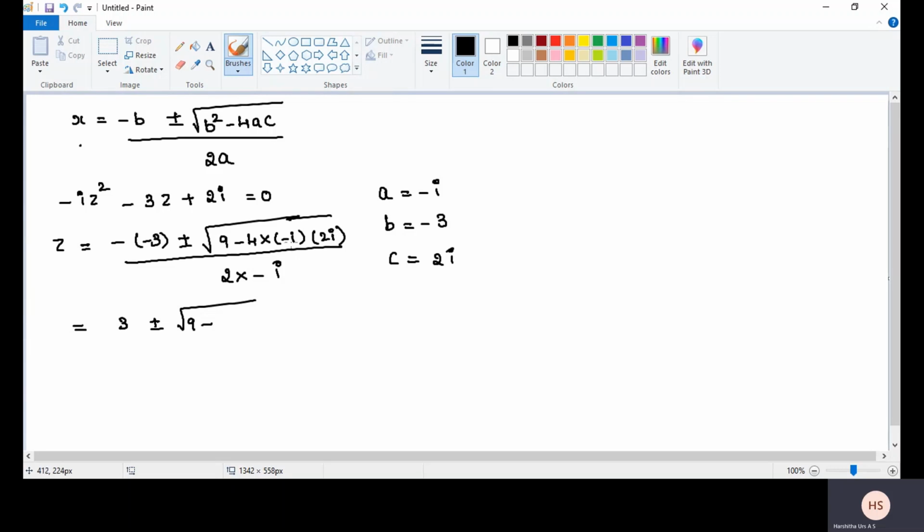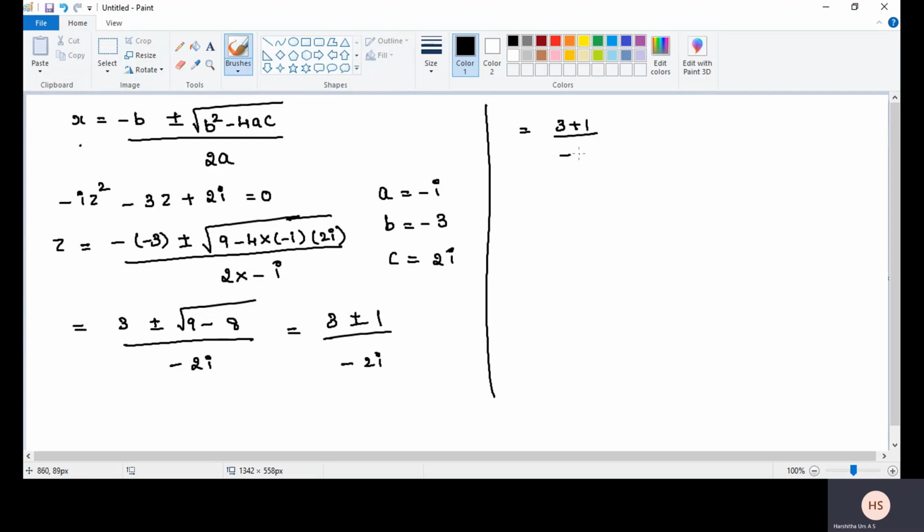Minus into minus plus, plus into minus minus. So we get 4, divided by minus 2i. So 3 plus or minus 1 divided by minus 2i. That is equal to 3 plus 1 divided by minus 2i, comma 3 minus 1 divided by minus 2i.